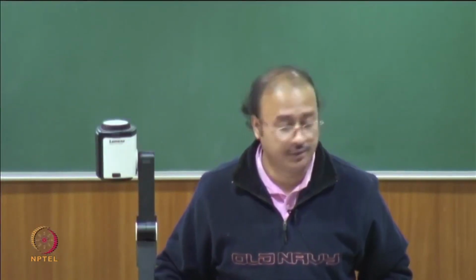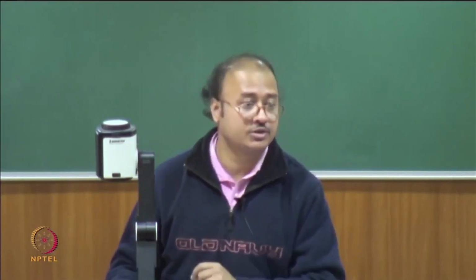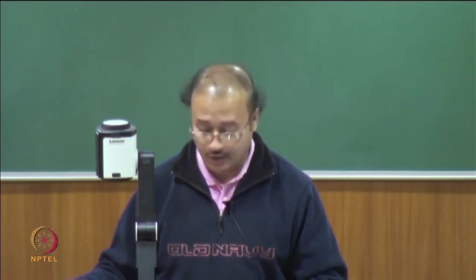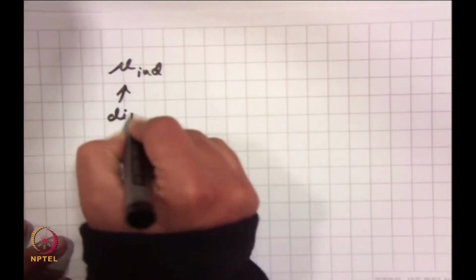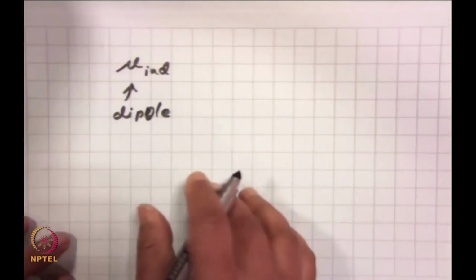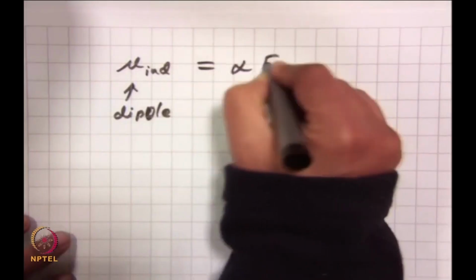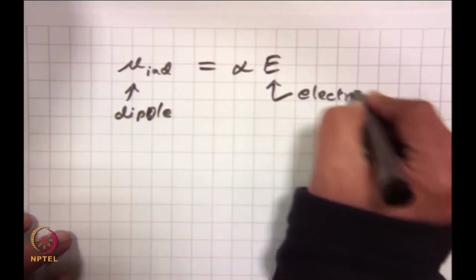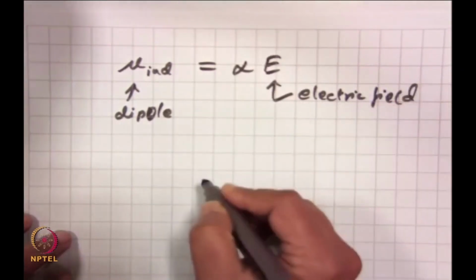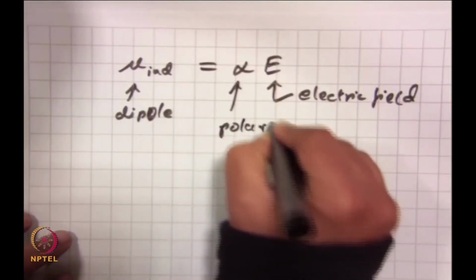So, because we are talking about an induced dipole, what we can write now is mu induced is equal to alpha times E, where E is the electric field and alpha is our polarizability that we all know.